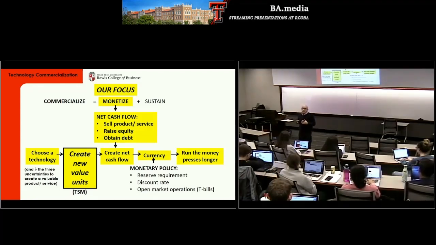Can't loan it. And if they want to suck money out of the economy, what do they do to the discount rate? They raise it. And the discount rate links to the prime rate. So the banks can only borrow from the Fed. That's where they get their money to be sure that they've got their reserve.